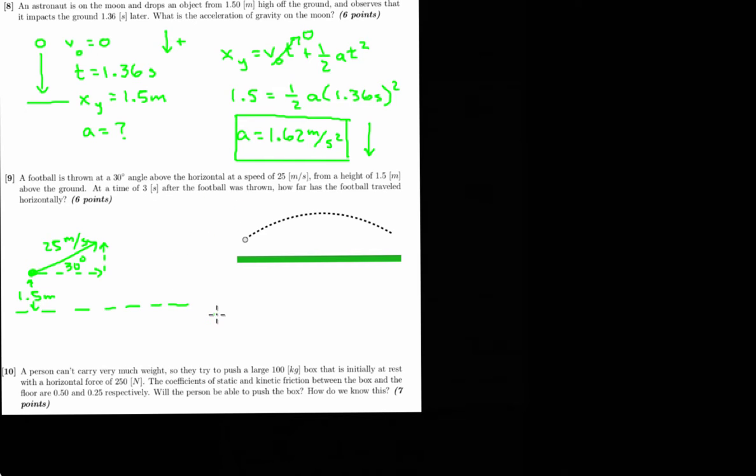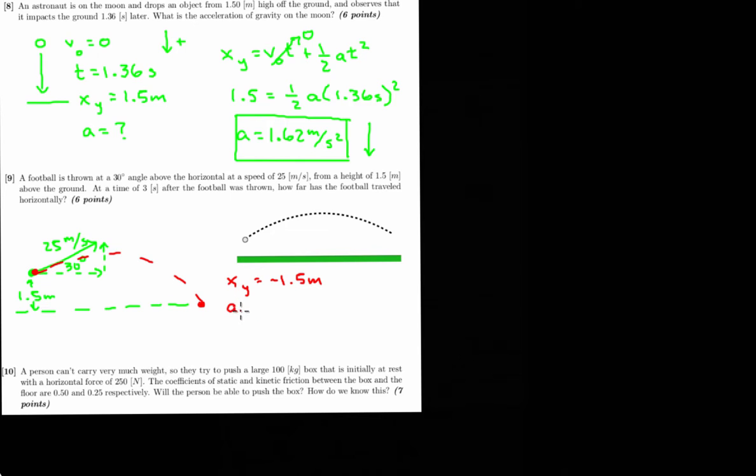Okay. So if you're being really good about it, this thing takes some path that goes like this, right? So the displacement in the y direction is negative 1.5 meters. If you start here and you end up here, going down, your displacement was down 1.5.